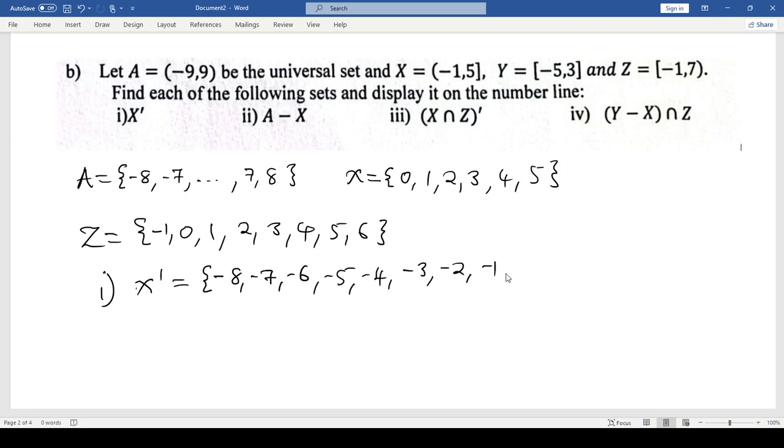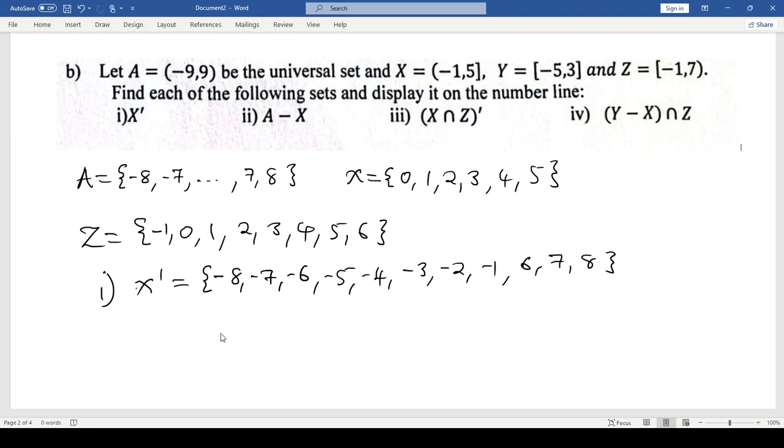Then we won't list 0 here because we have a 0 in x. The elements in x are from 0 up to 5, so we won't get any of those elements. From negative 1, we'll jump directly to 6, 7, and 8, like this.